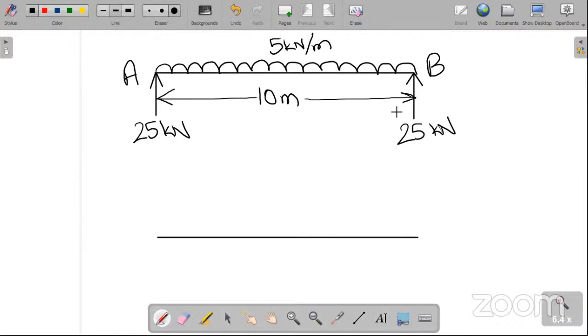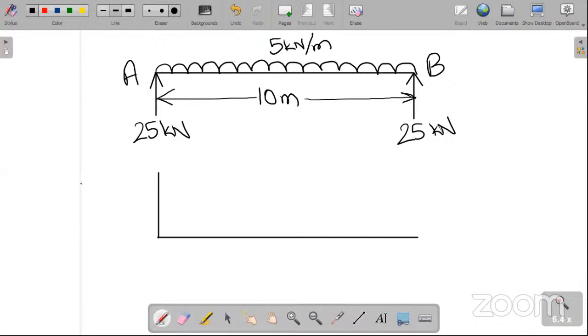Even when you resolve the forces, you will get 25, 25 here. And as per the shear force diagram sign conventions, left upward is taken as positive. So this will go up here. And now this is 25.